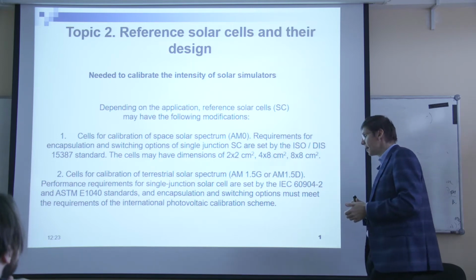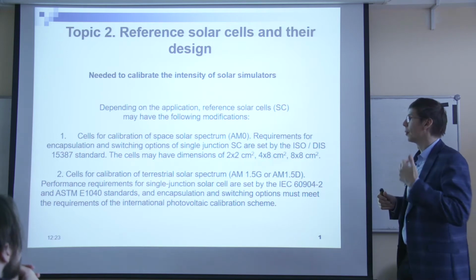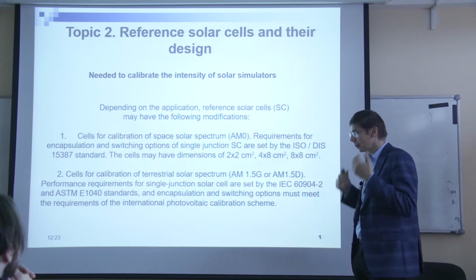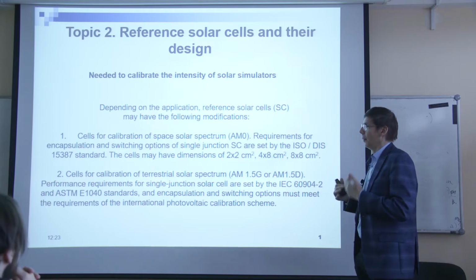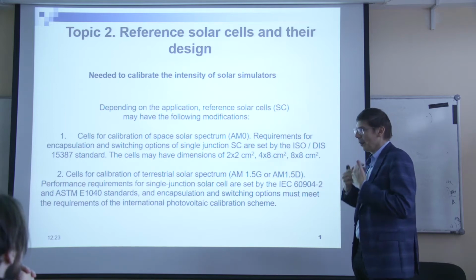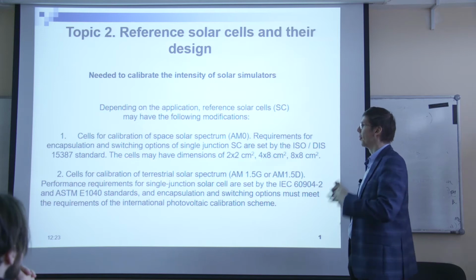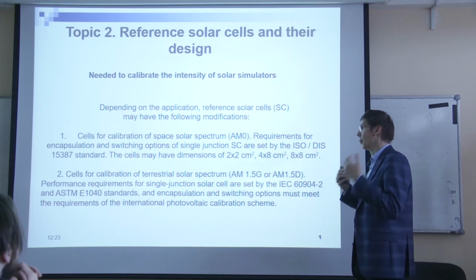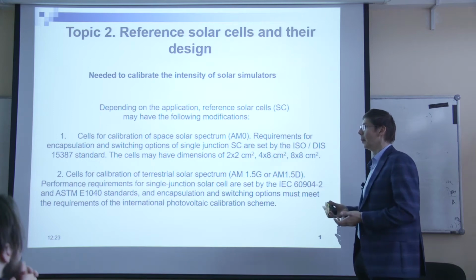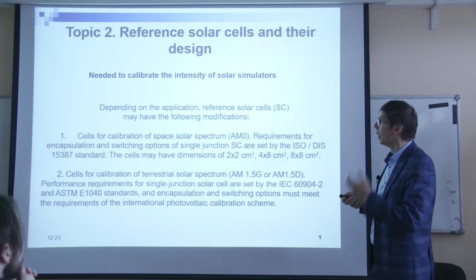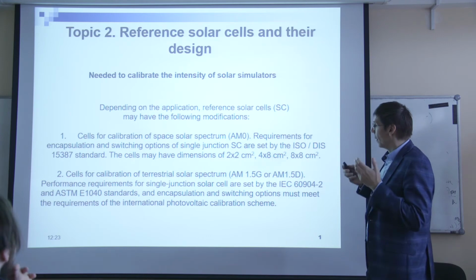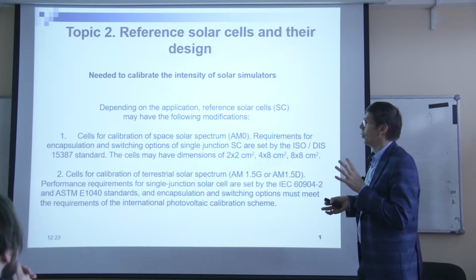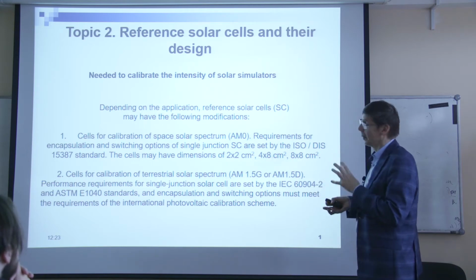But to adjust the intensity, you have to use something that gives you information so that you can be sure the intensity really corresponds to the standard or reference condition, for example 1 kilowatt per square meter. For this reason, you should use reference solar cells.